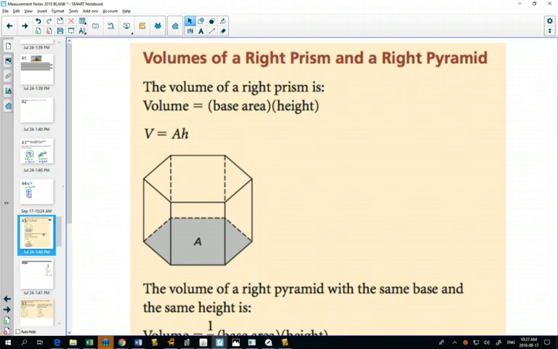So if we imagine cutting this hexagon out of paper, sticking it down, making another hexagon out of paper and sticking it down, and keep stacking them all the way up, it would fill the whole shape full. And so the volume of any prism, we just need to find the area of the base, and multiply that by its height.